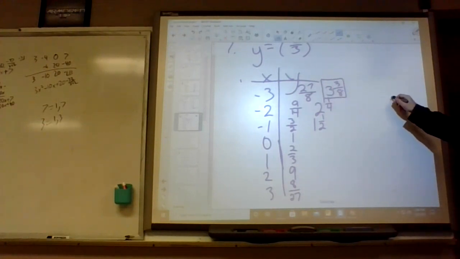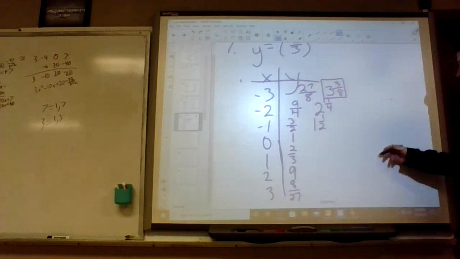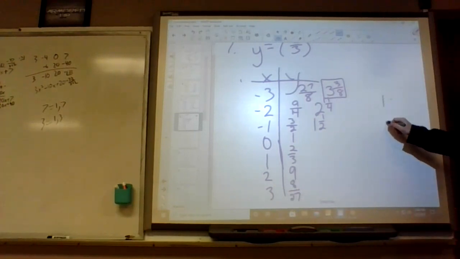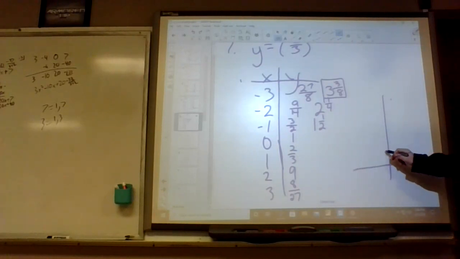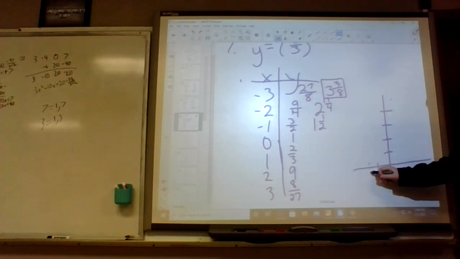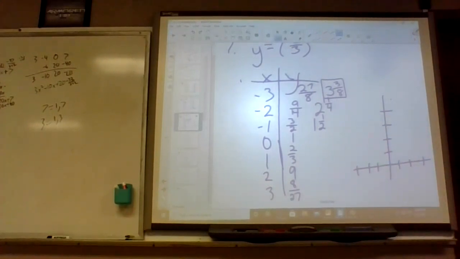What about the bottoms? The bottom is a fraction, but it's still bigger than 0. Proper fraction. We need a lot of room for those. 1, 2, 3, 4. Really, you only need to go up to 4, because 3 3/8 is less than 4.